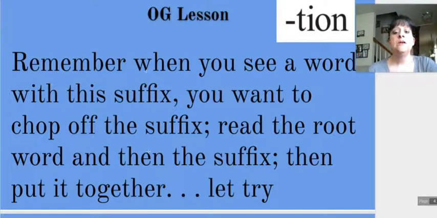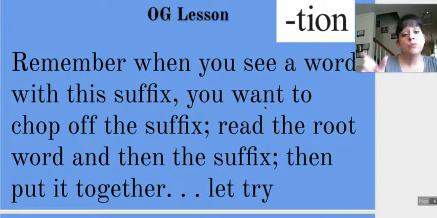So remember that when we see a word with a suffix, that's going to be a multi-syllabic word. So you want to chop off that suffix, cut it off, read the root word, or if it has more than 2 syllables, you would read those other syllables and then add the suffix. So you're going to have to think about the other ways to read multi-syllable words that I've taught you.